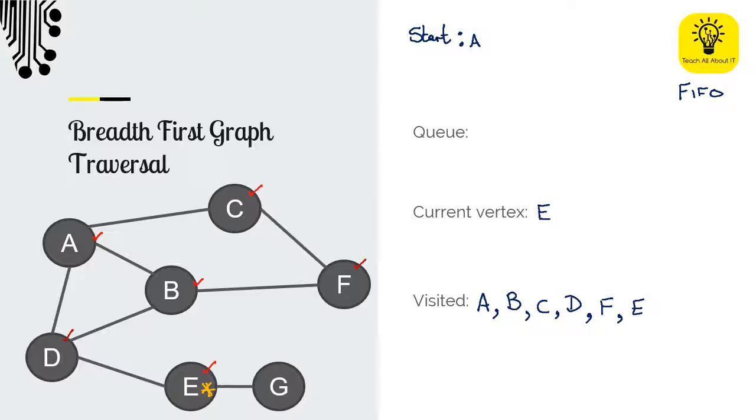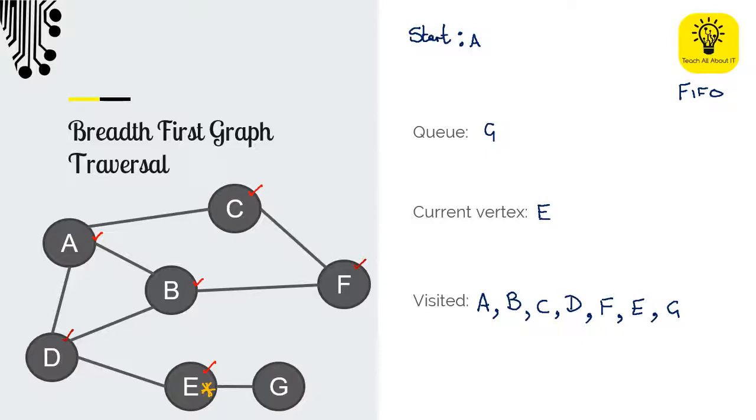Now if E is our current vertex, we still have another node that we can visit, which is G. We can put G onto the queue. At that point we can double check for anything else.